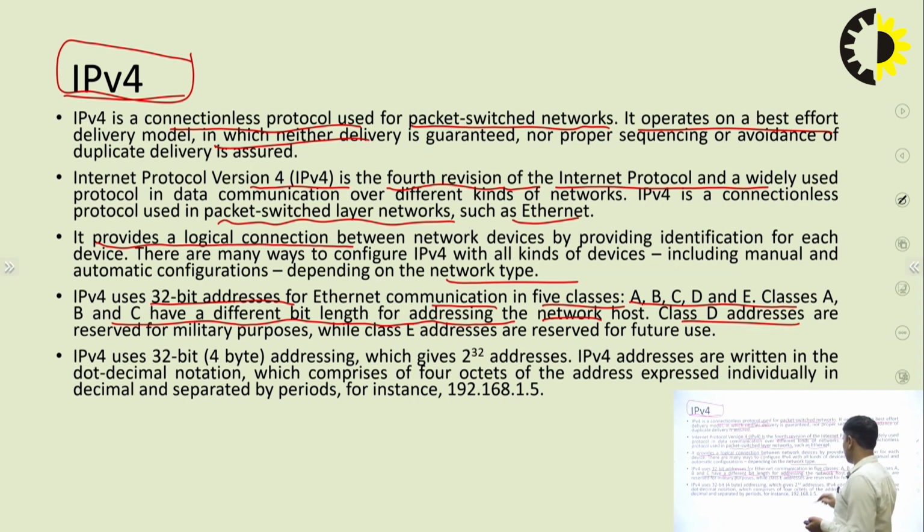Class D addresses are reserved for military use, while Class E is reserved for future use. Basically, IPv4 uses 32-bit logical addressing.